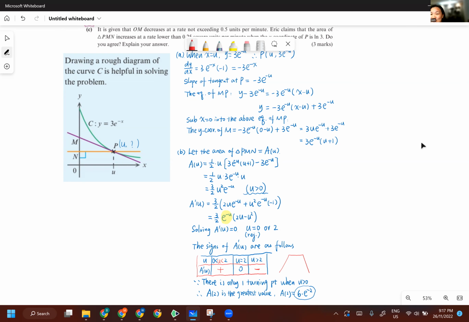True. And Sophia, obviously, she's very honest, and she actually tested and found that, oh, the teacher is lying. Yes, you're right. That's the correct sign. Otherwise, how can it be maximum? How can it be the greatest value, right? It has to be a local maximum in order to be the global maximum. Yes. Luckily, I'm corrected.